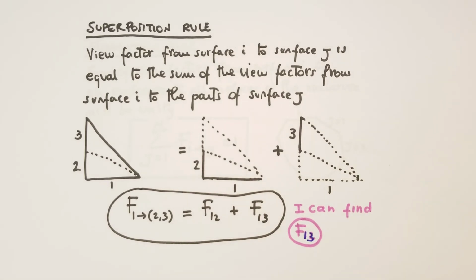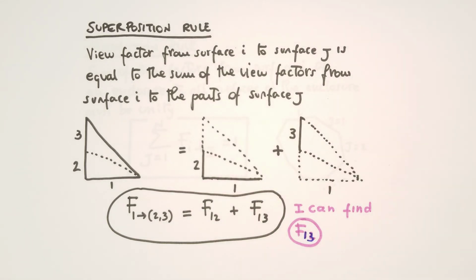So we can find the view factor F1,23, and we find the view factor from 1 to 2, F12, and all we have to do is substitute it here. All we have to do is subtract F12 from F1,23, and we obtain F13.